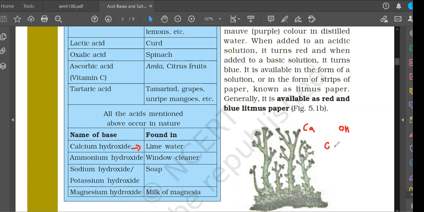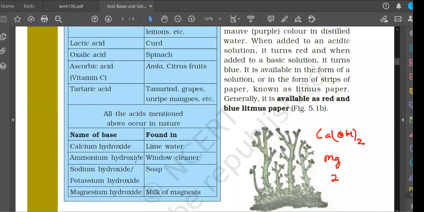It is Ca(OH) whole twice. If you remember, Mg had valency 2, and in the same way, Ca will also have valency 2.